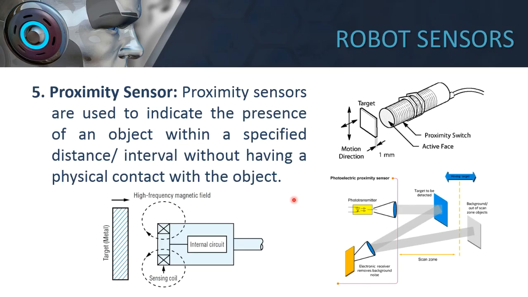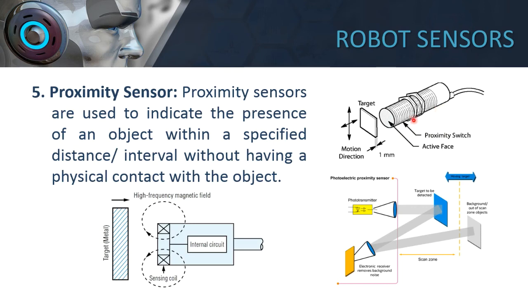What happens is, when the object comes nearer to the circuit, there is a high frequency magnetic field, and because of that magnetic field, there is a deflection in the internal circuit, which sends the signal to the controller, and thus it opens or closes or actuates the actuator. You can set a particular target for the proximity sensor, and the range can be controlled.